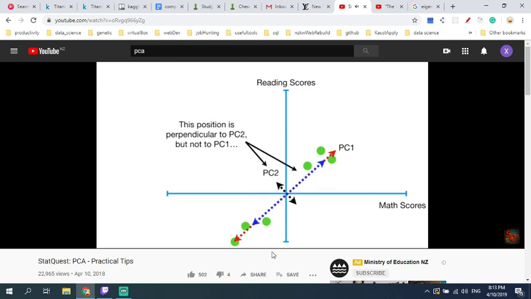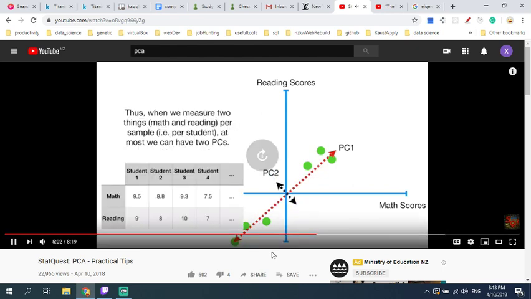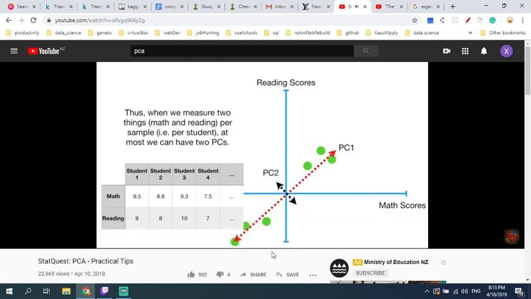This position is perpendicular to PC2, but not PC1. Per sample, i.e. per student, at most we can have 2 principal components.